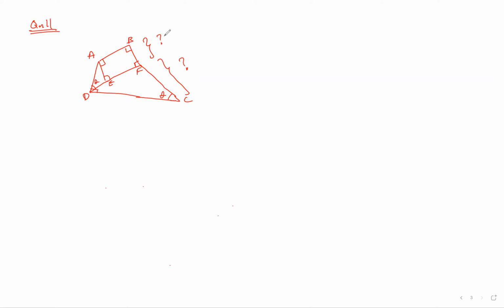This is A, this is E, this is 5, and this is your theta. To find AE, this is O over H. So sine theta is equal to AE over 5. So 5 sine theta is equal to AE, which is also equal to BF.